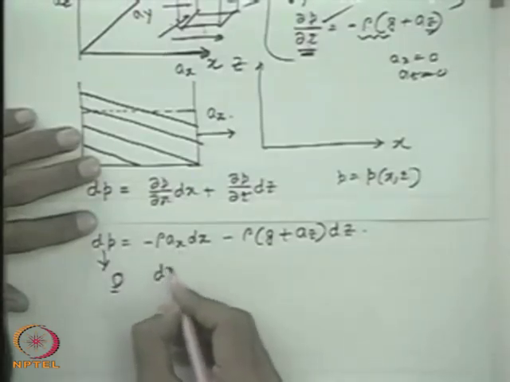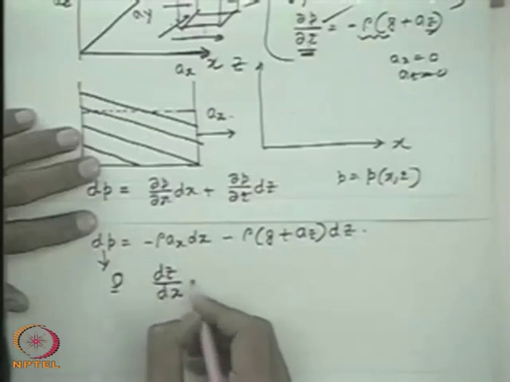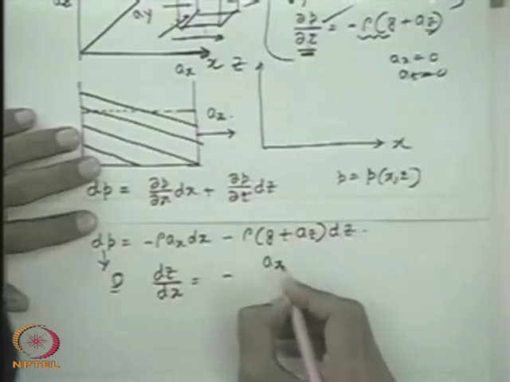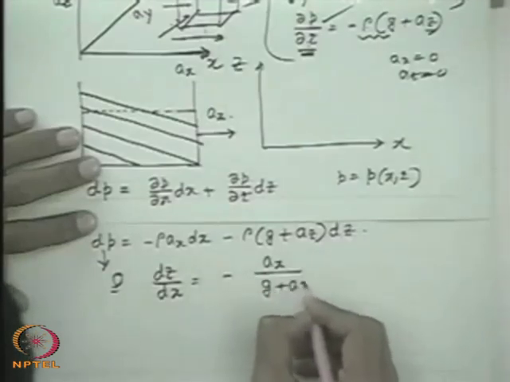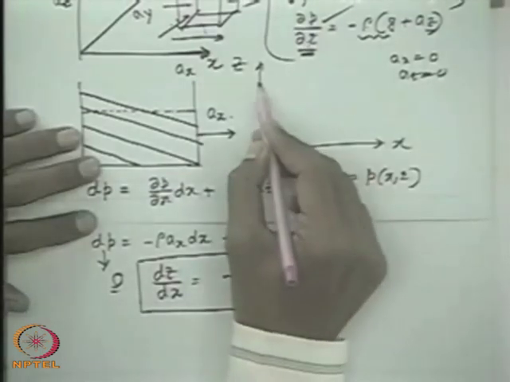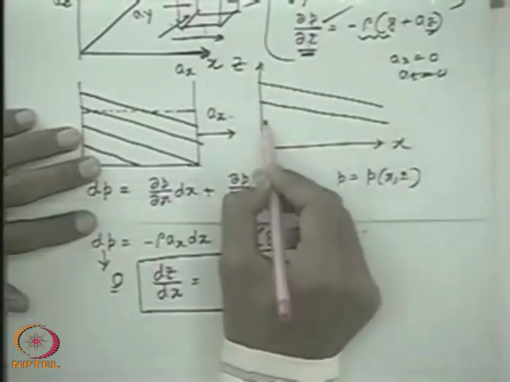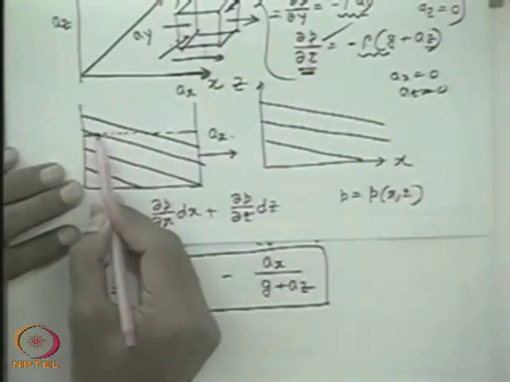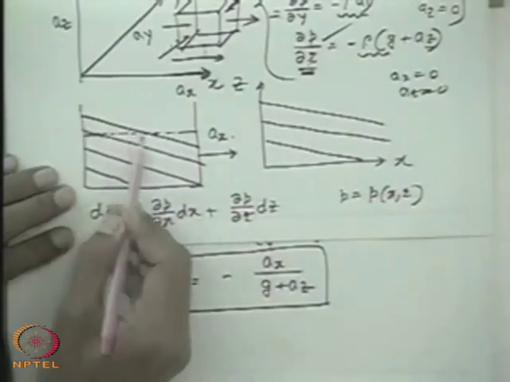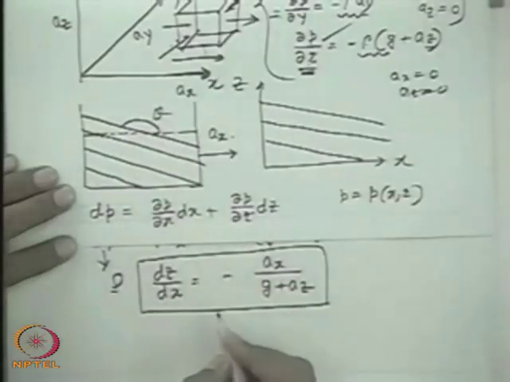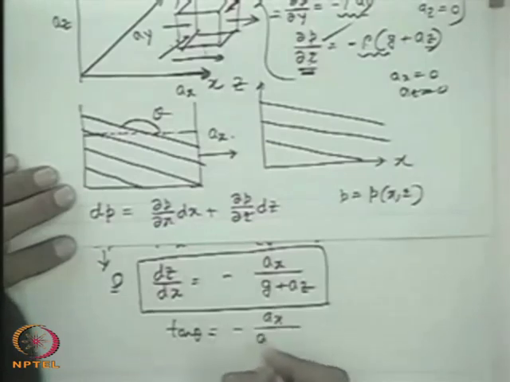So therefore we can write dz by dx is equal to minus rho cancels, ax by g plus az. That means we can draw lines whose slope is like this. These are the constant pressure lines. That means in a practical problem of a tank, the constant pressure lines will be like that, and if there is a free surface, the free surface will be like that. So this is the slope, this is theta, so that tan theta is equal to minus ax by g plus az.